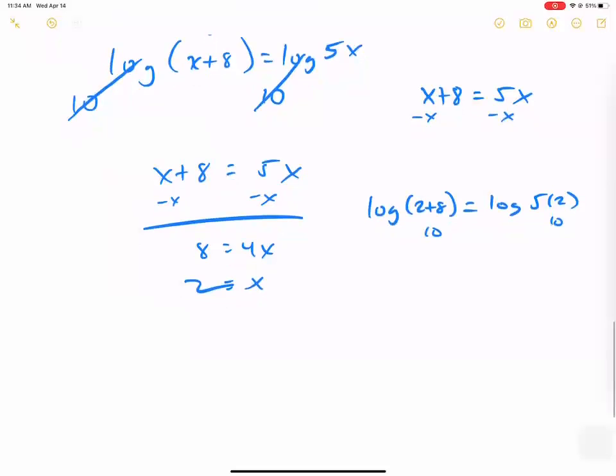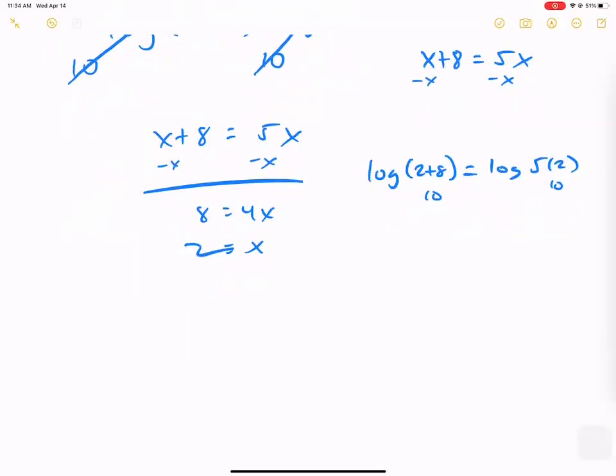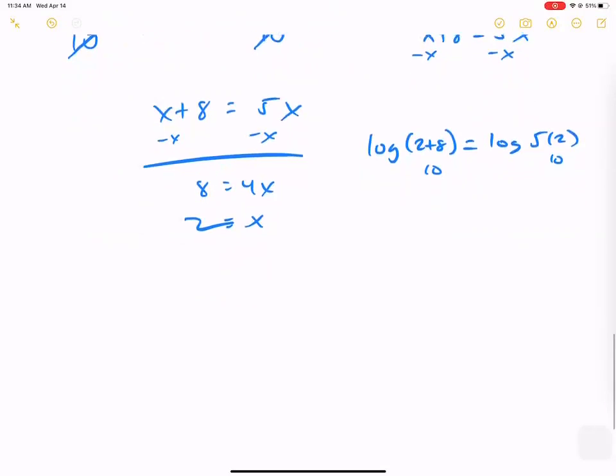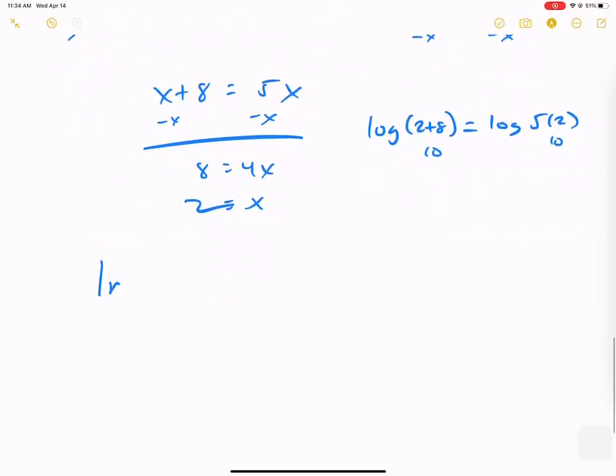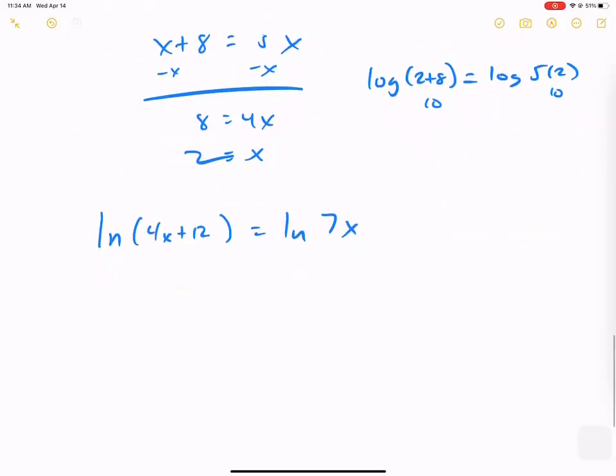Now, the next follow-up question is, sure, this worked for an easy common log. Does it work for any log? Well, what if I wrote natural log of 4x plus 12 equals natural log of 7x? Okay, so in this case, what is my exponent that I could use to get rid of natural log?